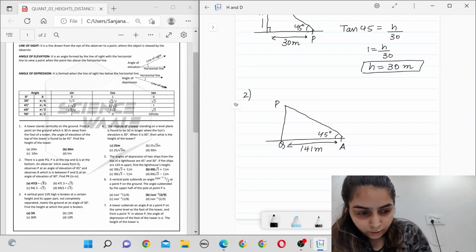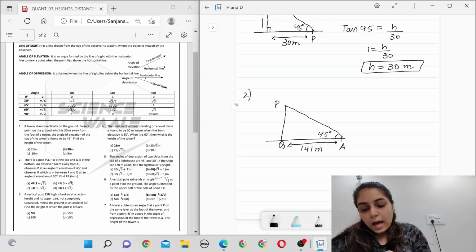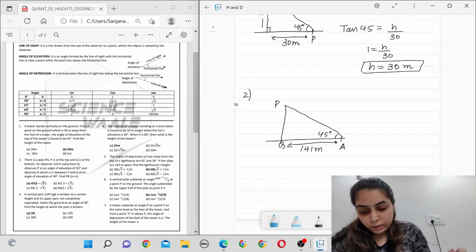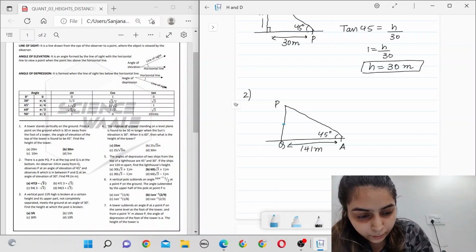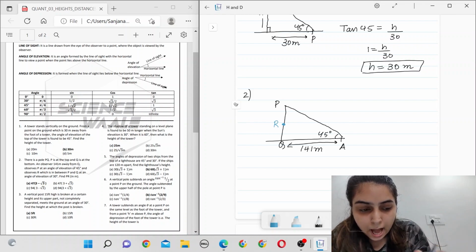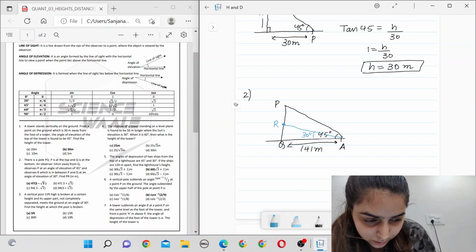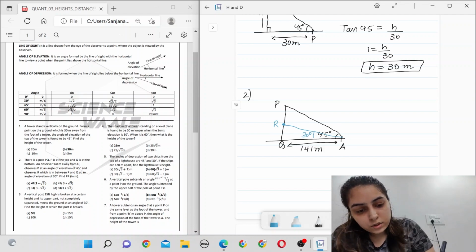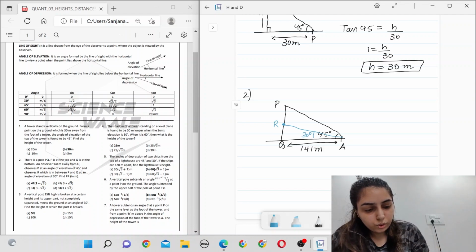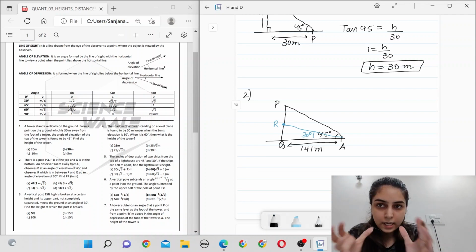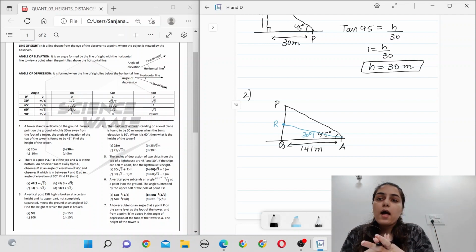And R lies between P and Q, and that angle of elevation is found to be 30 degrees. They have asked us to find PR. So let's just apply basic trigonometric concepts, tan 45 and tan 30 in the various triangles, and we'll easily find the solution to this question.